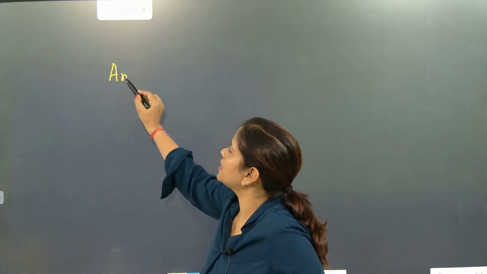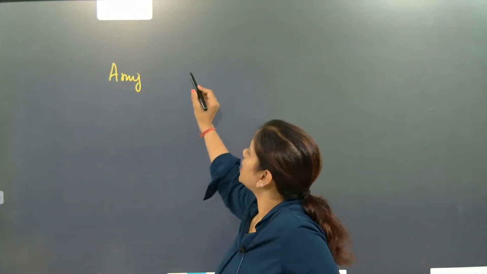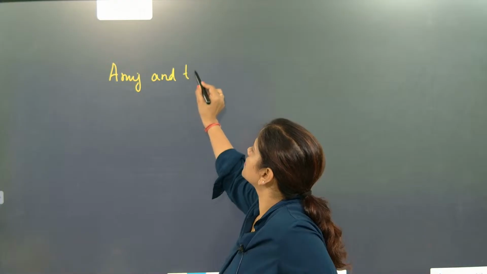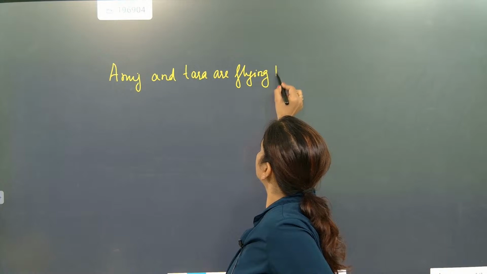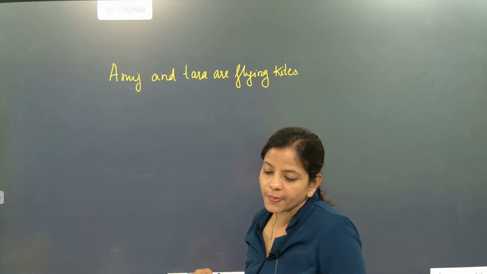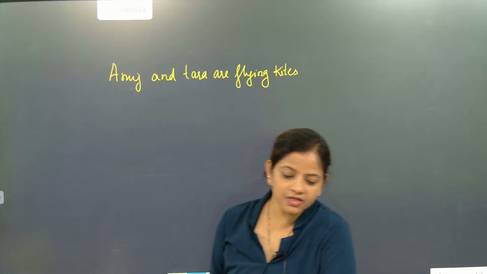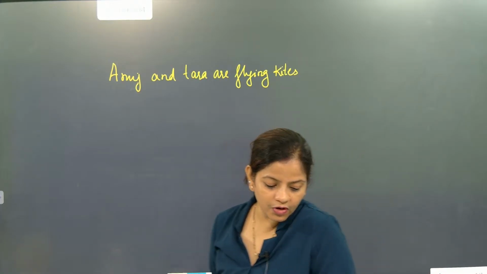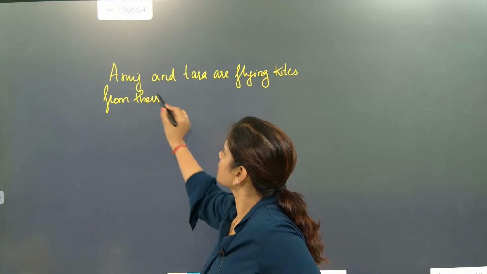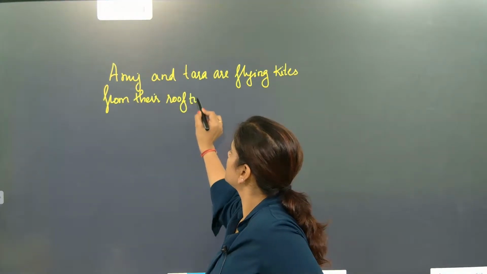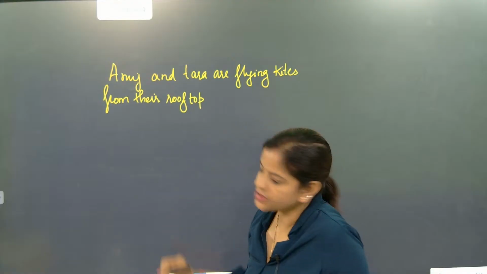Now look, beta. One question is there. Please focus on this question. Anuj and Tara are flying kites. Write down. Anuj and Tara are flying kites from the roof, from their rooftops.